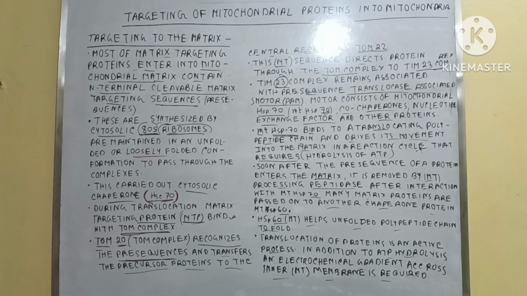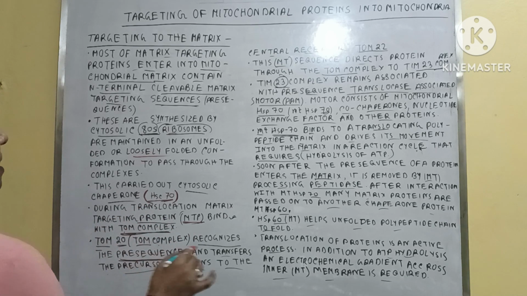Next, during translocation, this MTP, the matrix targeting protein, binds with the TOM complex. TOM20 is generally the main receptor that can recognize the particular polypeptide chain, the pre-sequences.